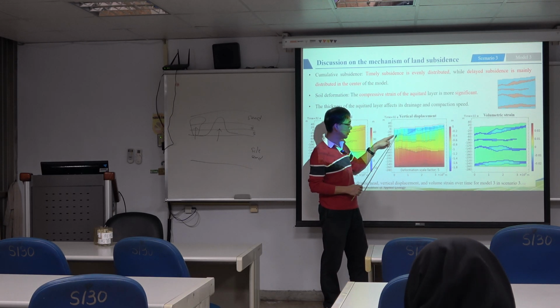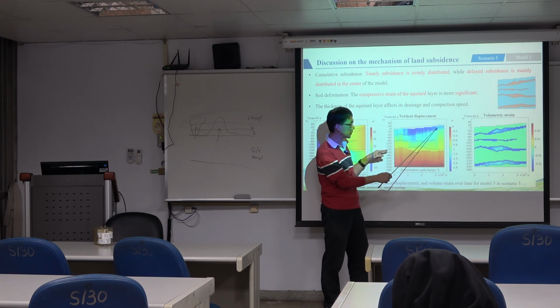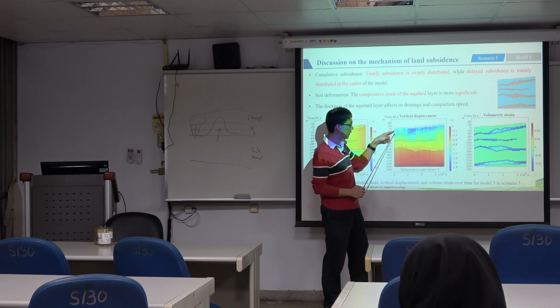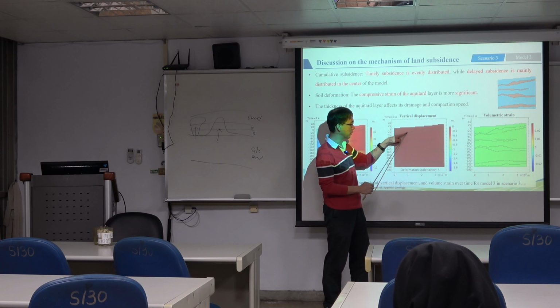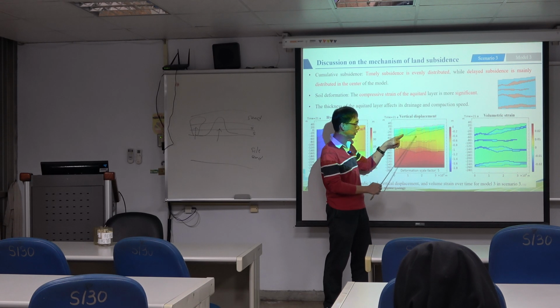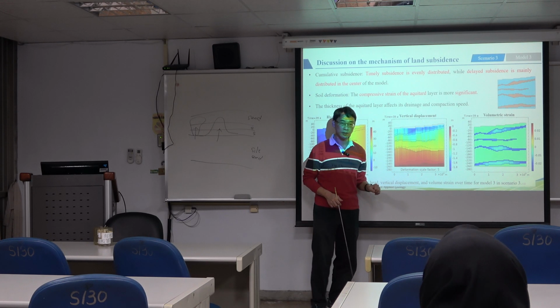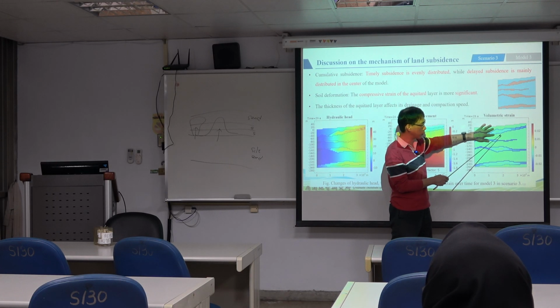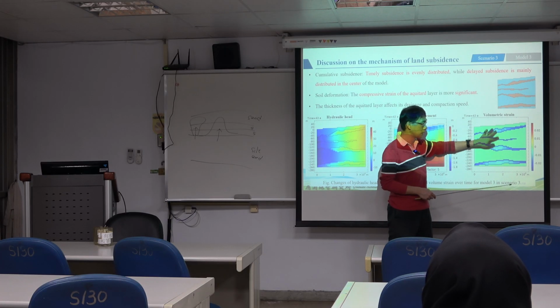So we can see that in this system, significant subsidence only occurred here. Although this one has slight subsidence, it is not significant, but we can see large subsidence only occurred in this area. And it's also easy to understand because the aquitard system here is relatively thick.